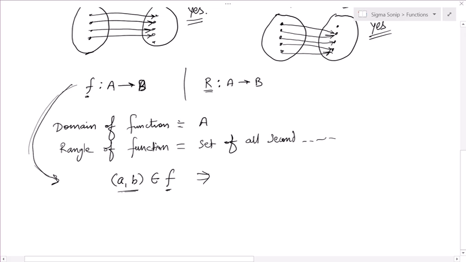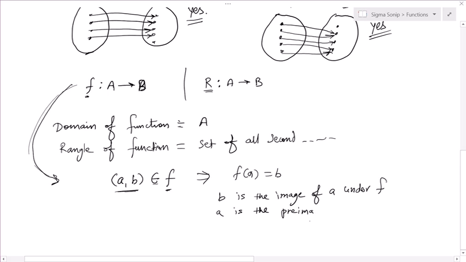If this ordered pair is a member of f, it belongs to f, then we also write f(a) equals b, and we call b the image of a under f, and likewise a is the pre-image of b under f. We need to be familiar with these terminologies.